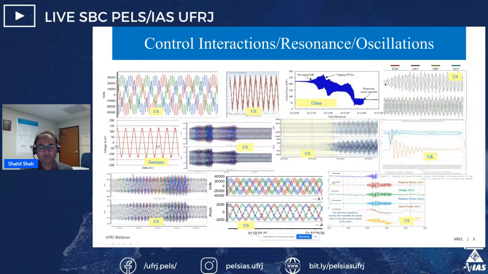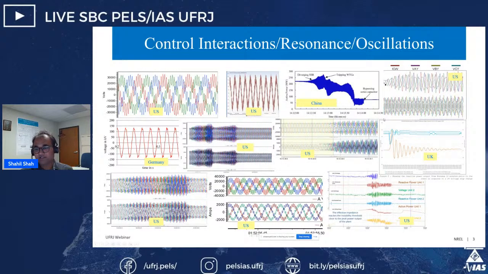The problem can appear in different forms. For example, what you see here in Germany is an oscillation that occurred, I believe, in 2014 between an offshore HVDC station and an offshore wind power plant, which resulted in the wind plant being disconnected from the grid for several months, resulting in huge financial losses.